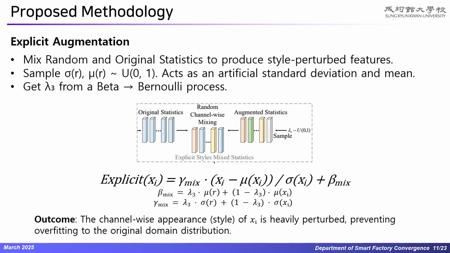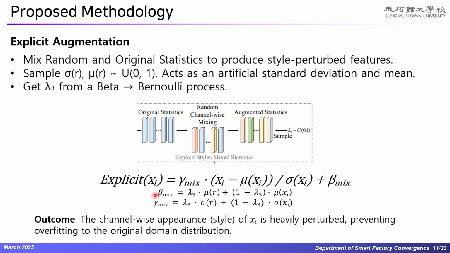Secondly, we have lambda, which is taken from a Bernoulli distribution. Just think of this as something that controls how much each channel is stochastically assigned either the original statistics or the new sampled statistics.